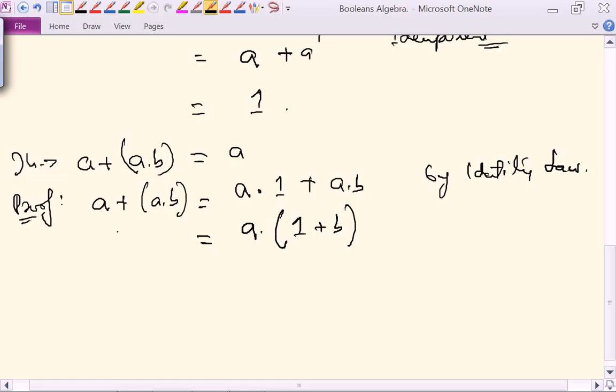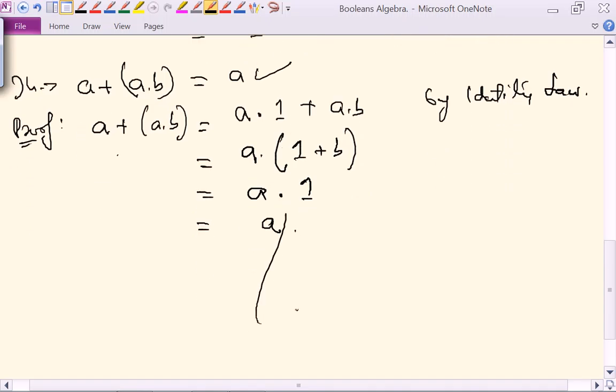So what is 1 or B equal to? 1 or B is always 1, right? And what is A and 1 equal to? Identity law again, that will be equal to A. So we got the RHS.